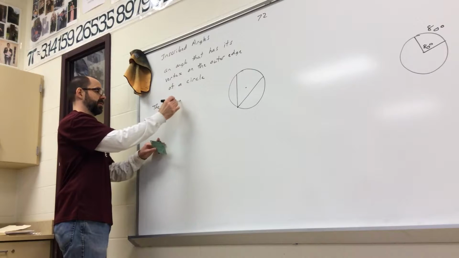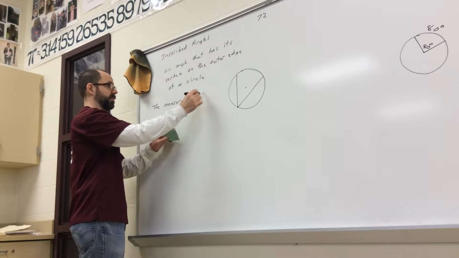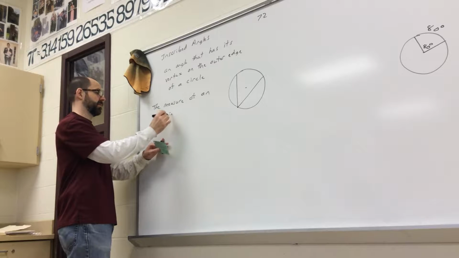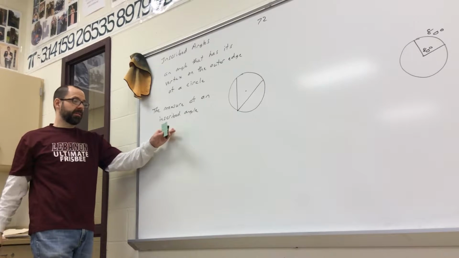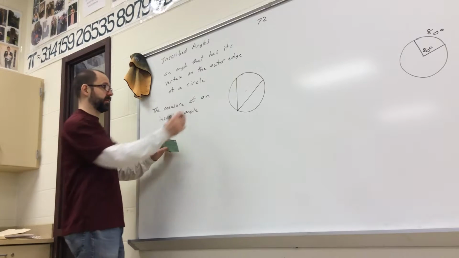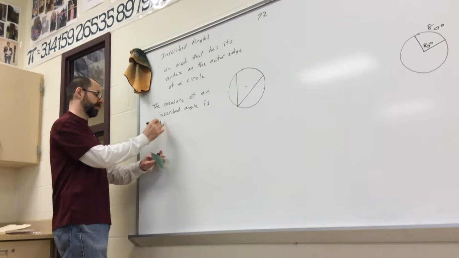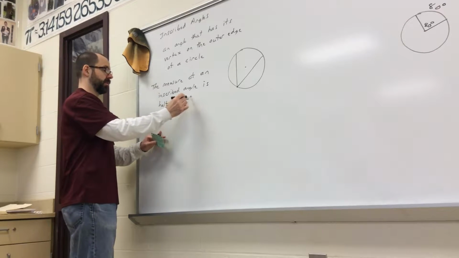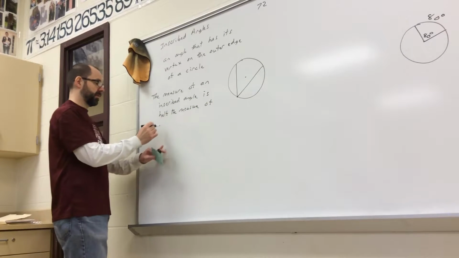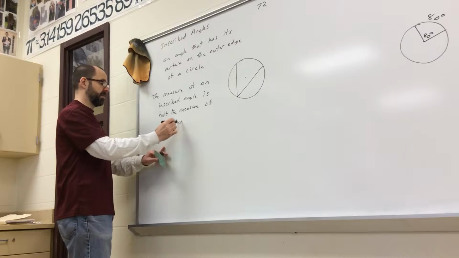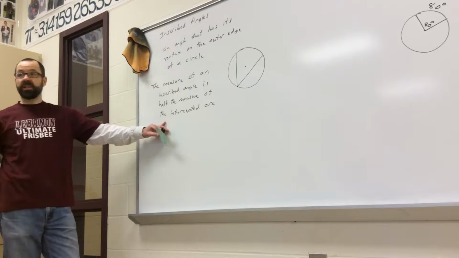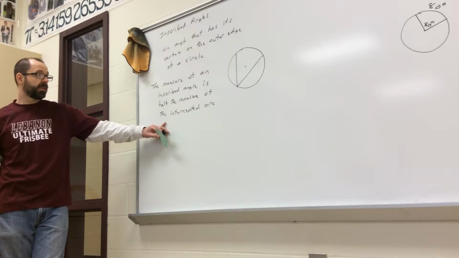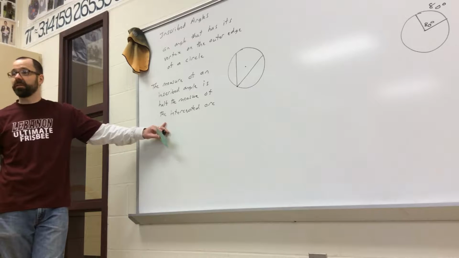The measure of an inscribed angle is half the measure of the intercepted arc.